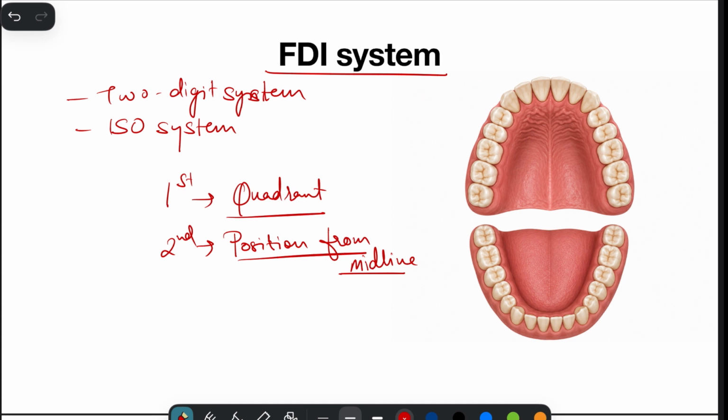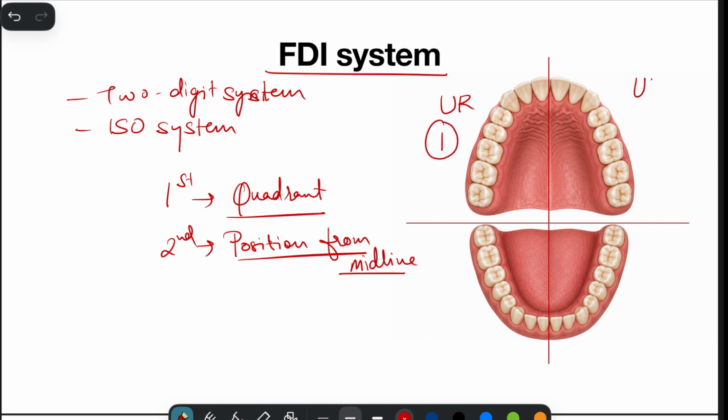Now let's understand the quadrants. The mouth is divided into four quadrants. We draw a vertical line from the upper central incisors to the lower central incisors and a horizontal line which separates the arches. The upper right side, or the maxillary right quadrant, is the first quadrant, numbered 1.